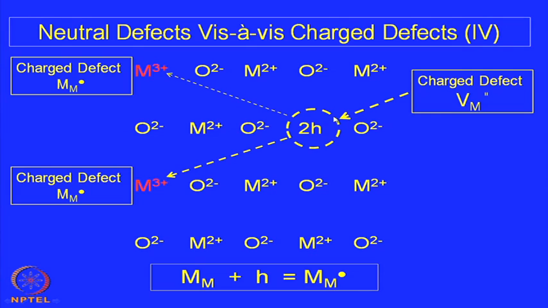So it has created a metal vacancy with a double prime, which means an effective negative charge. Prime means effective negative charge. So effectively a negatively charged species has been created here, and consequently, to maintain the charge neutrality, 2 holes have been added to the metal.